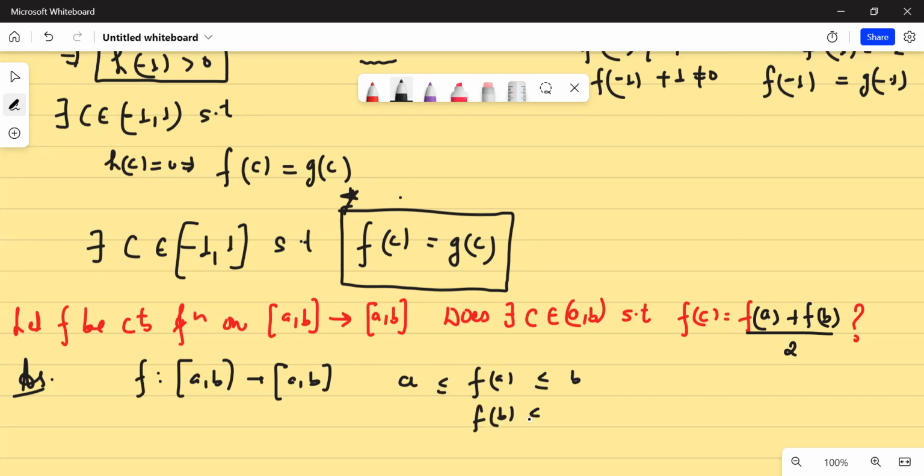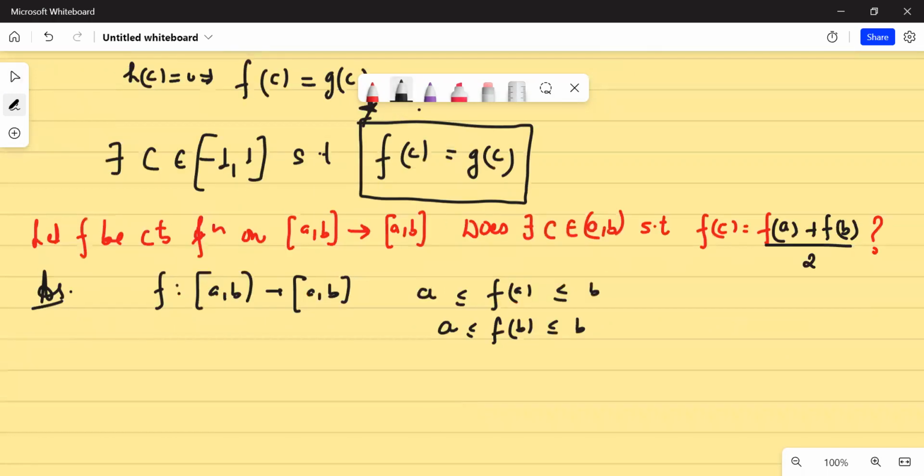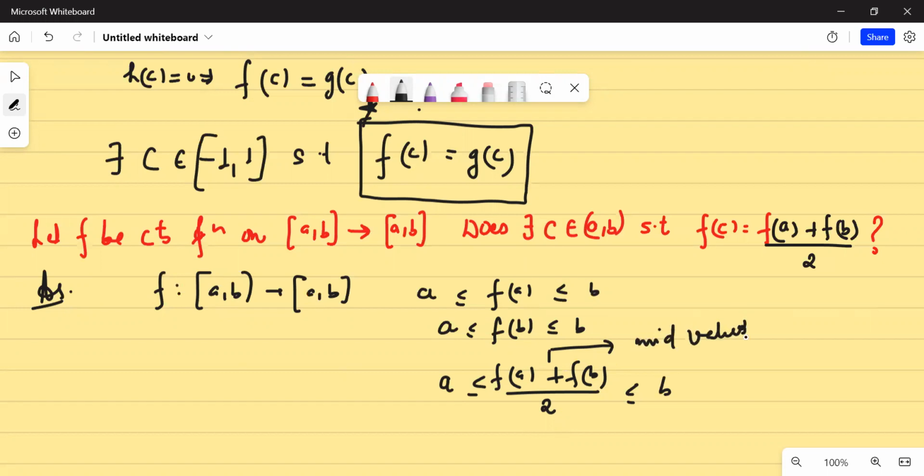Similarly, your f of b will always lie between a and b. It implies f of a plus f of b divided by 2 will always lie between b and a only if you add both of them. So it will be some value in between only, right? It will be some mid value. So again, the same thing.